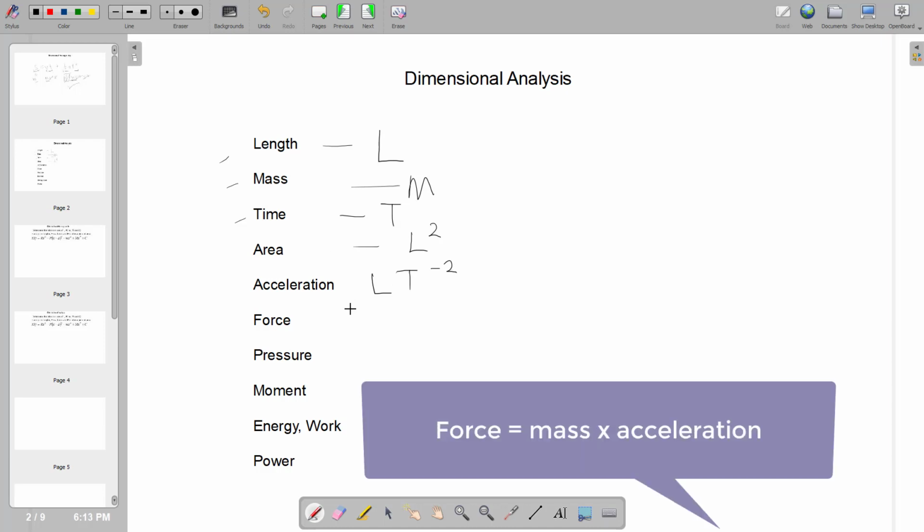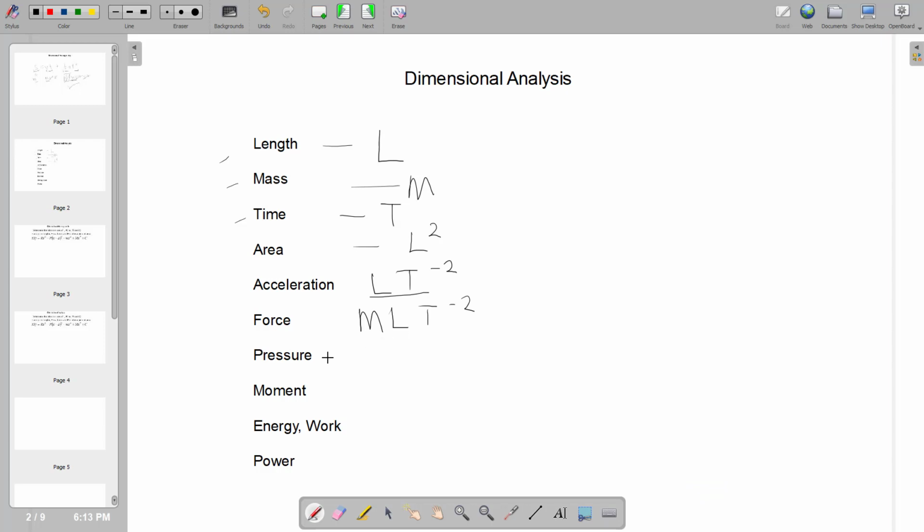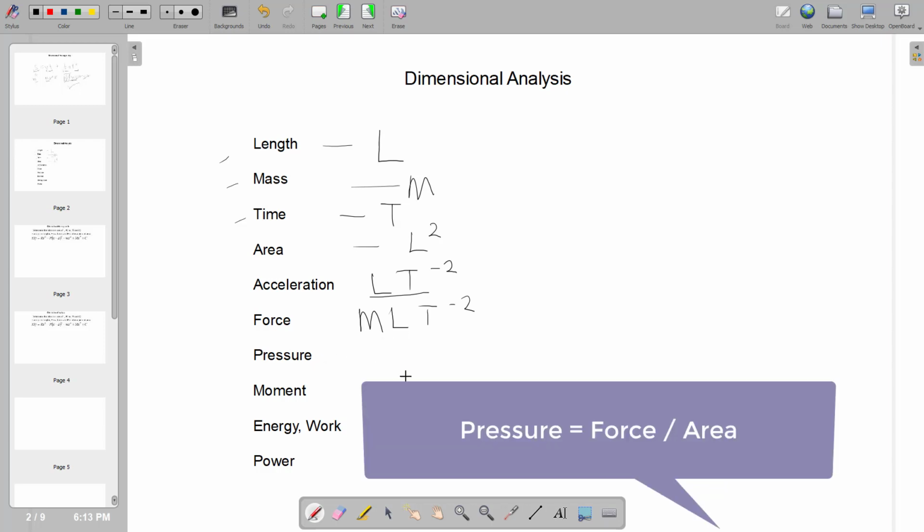We know force is some mass times some acceleration. So we have mass multiplying, we already have acceleration here, so we just multiply LT negative 2. Now pressure, we know pressure is some force over some area.